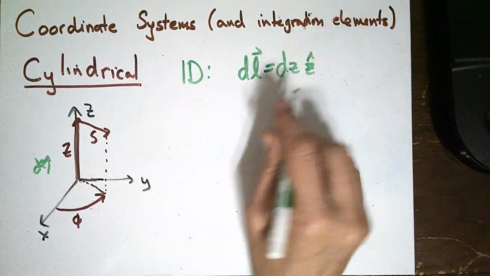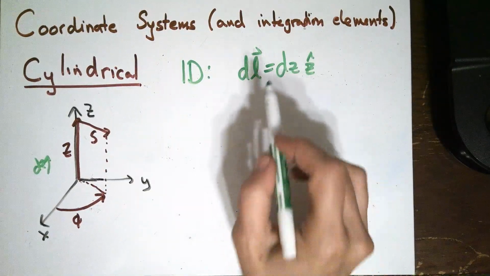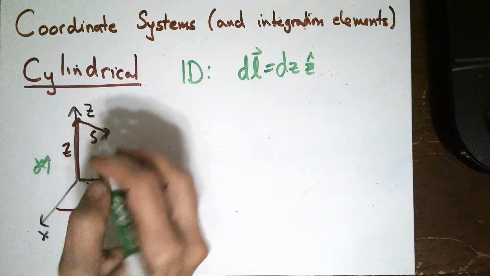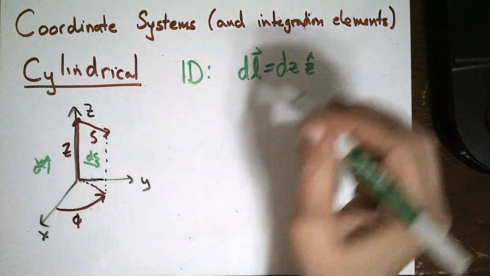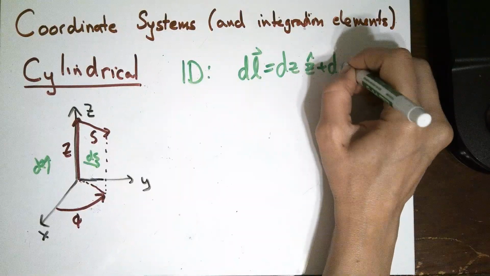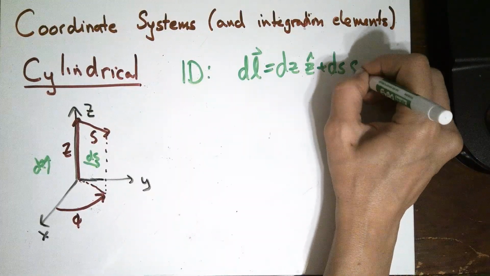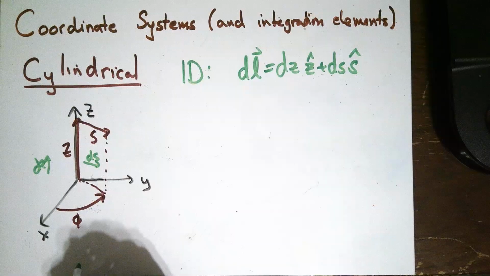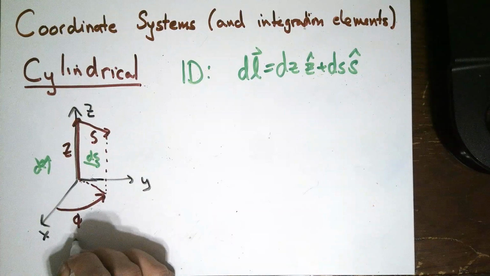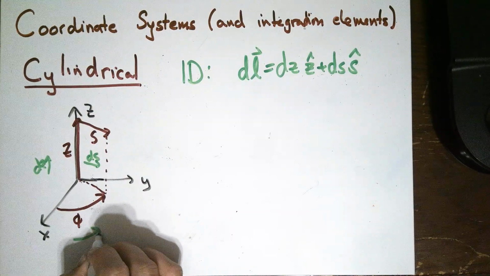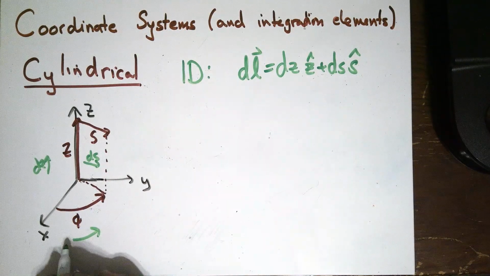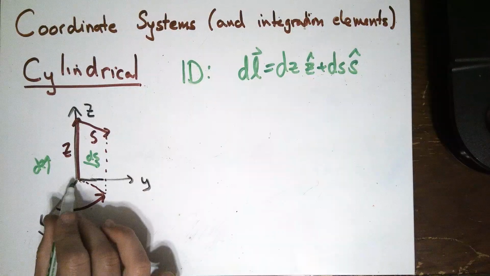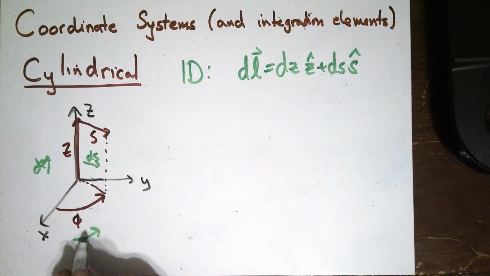That would be just exactly the same as it is in Cartesian. And then we might take a little step along S, something like that, tiny steps in S. So that would be a small step in S, ds, in the S hat direction. And then finally, if we want to take a step in the phi direction, well, we need to take into account how far away we are from the z-axis.